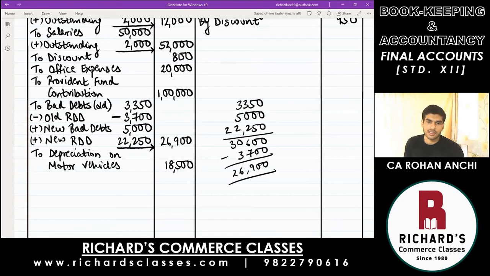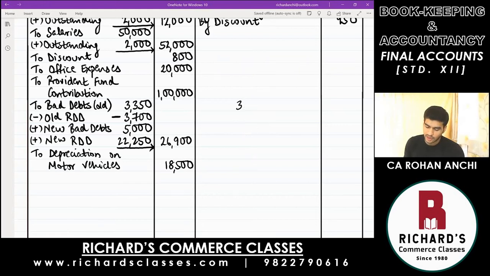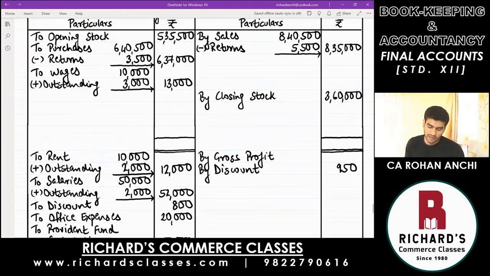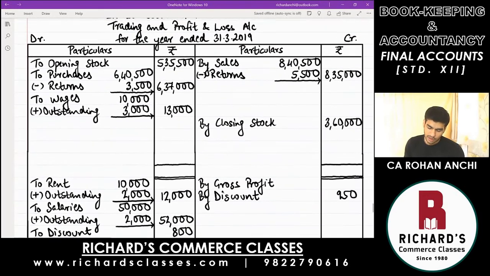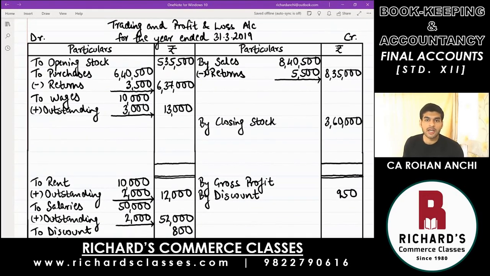Last one is drawings which one partner has made, and this time drawings are of goods. Kane has withdrawn goods, and the moment we talk about goods, you know that it has to affect the trading account. Drawings means goods are going out from the business to the partner, and going out means you will credit the trading account.